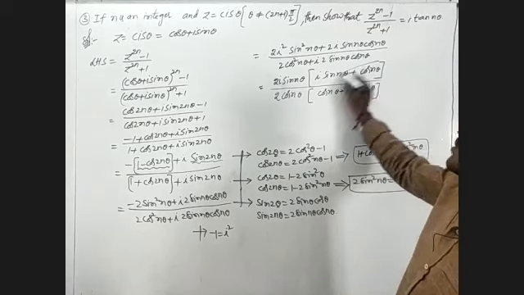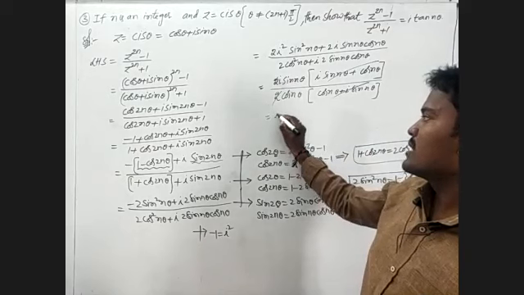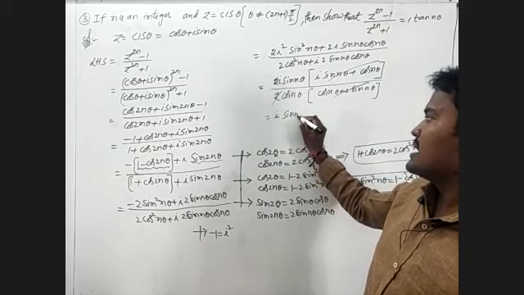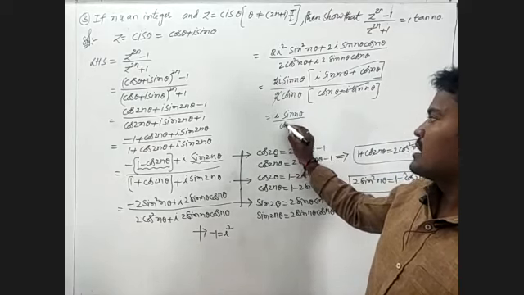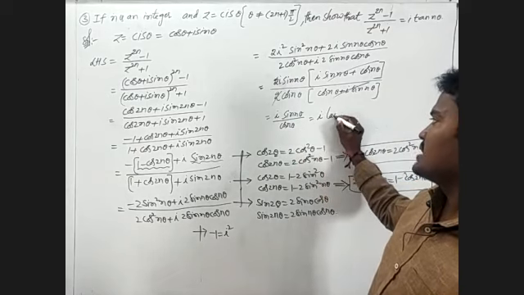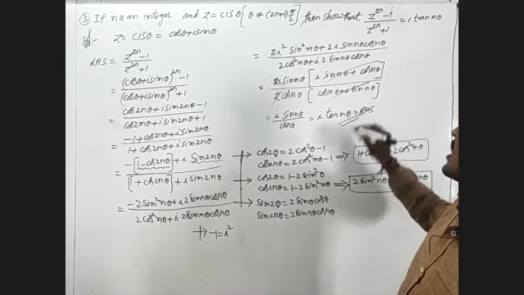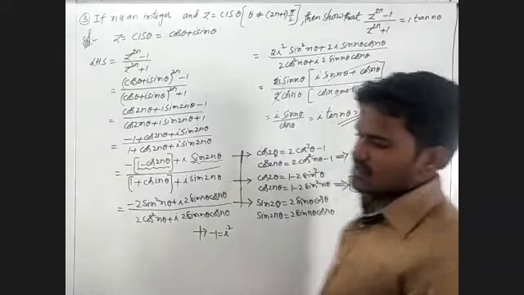Both terms get cancelled, and 2 and 2 also cancel. Remaining we write i sin n theta by cos n theta, that is i into tan n theta. This is the value of the RHS.